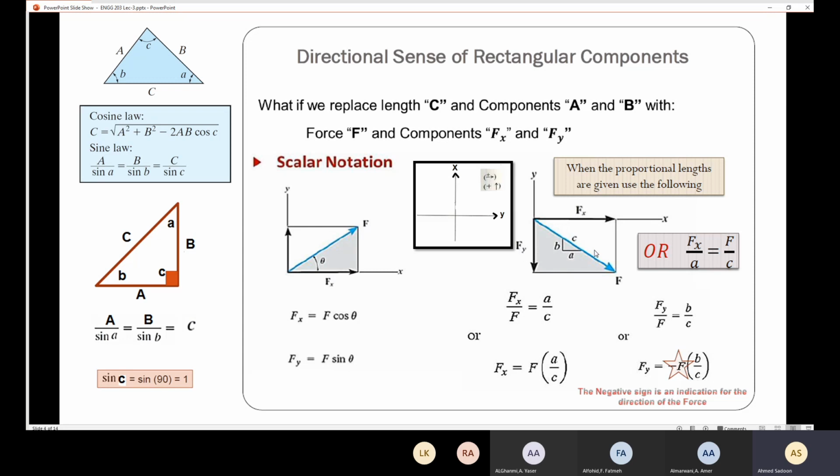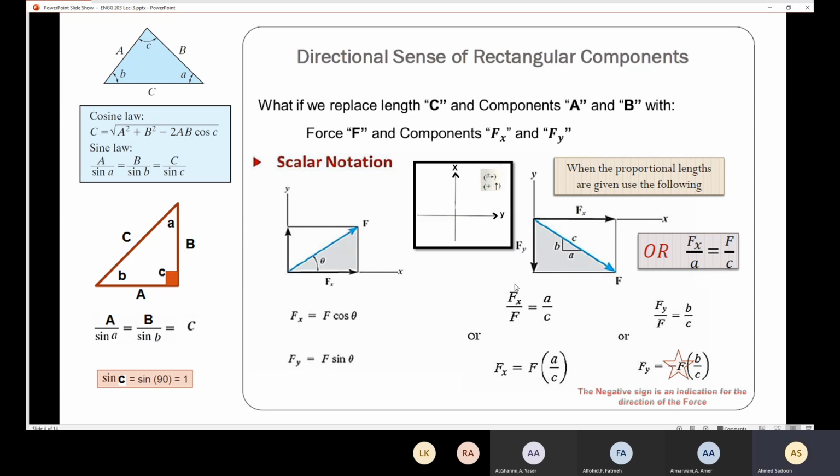The proportional length means that the ratio between A and C is going to be similar to Fx and F. Why is that? Because this one is just a small triangle and this one is a bigger triangle, but the ratio between them is the same.